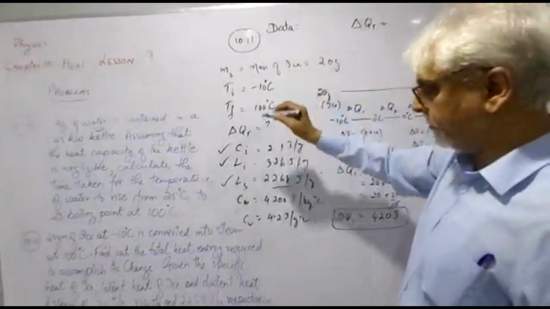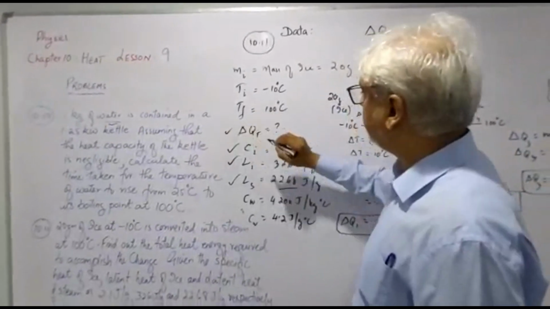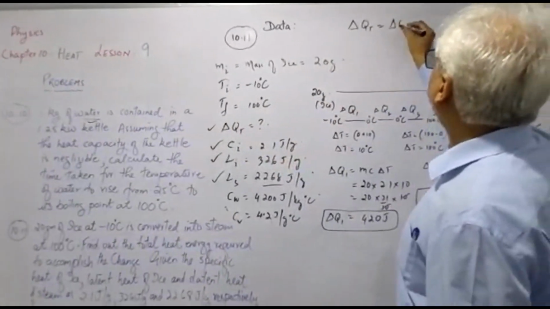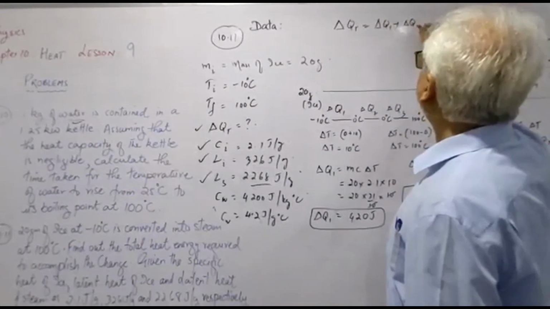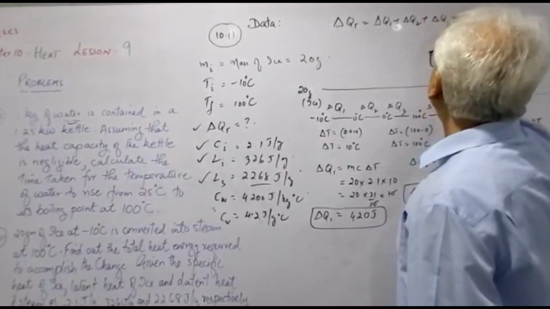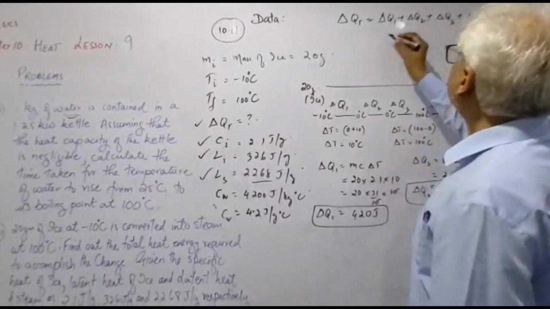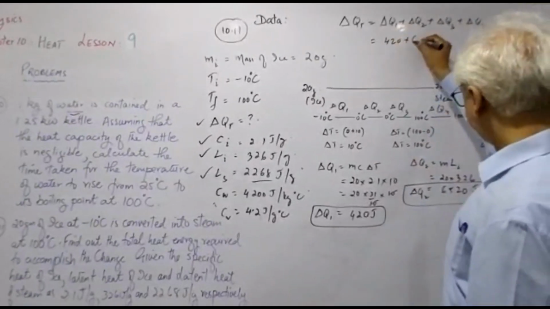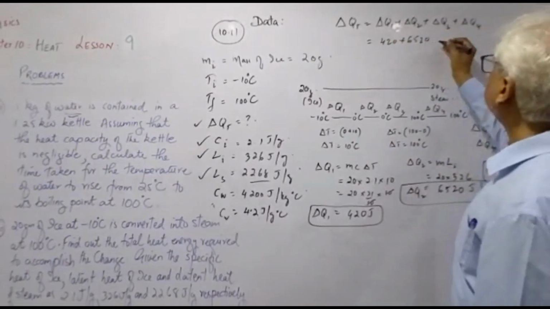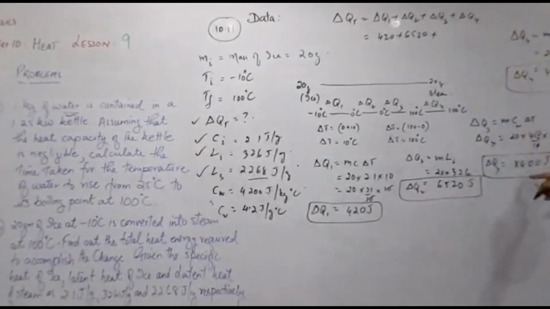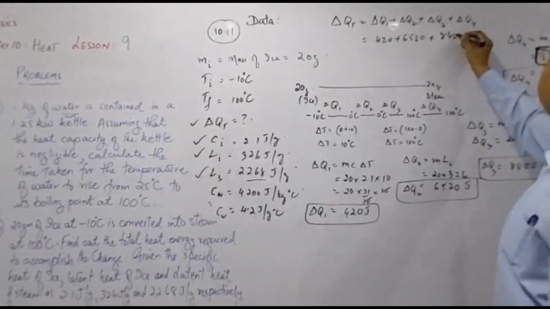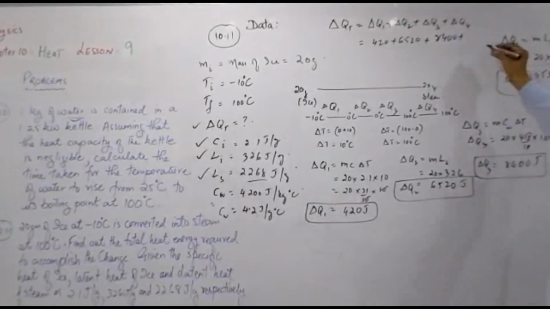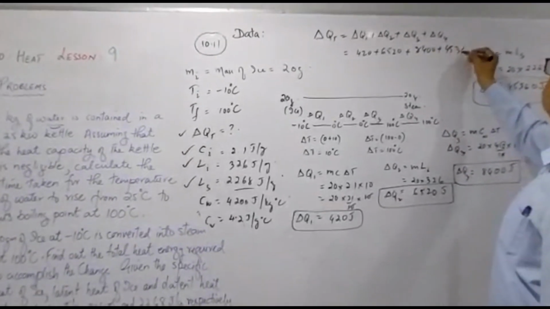This is what they have asked for. It is equal to delta Q1 plus delta Q2 plus delta Q3 plus delta Q4. So we have calculated all: 420 plus 6,520 plus delta Q3, which is 8,400, plus delta Q4, which is 45,360.